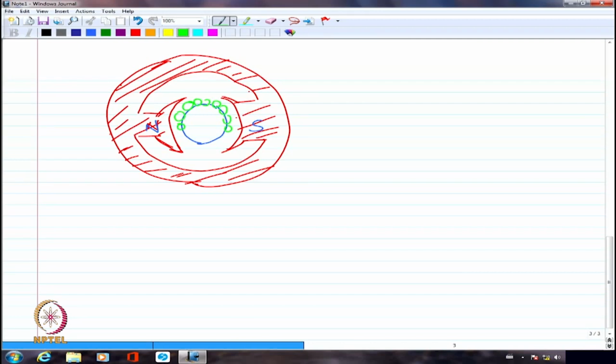Now, when I am having current flowing through my field coil, so let me show the field coil here. This is probably going to be the field coil which are sitting here, and the current is going to flow through these field coils. Please imagine that this entire machine is extending into the board, okay?